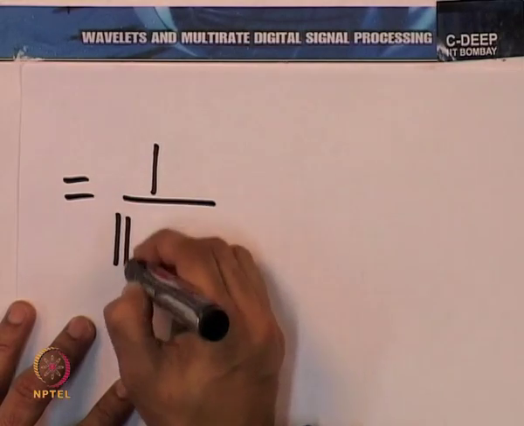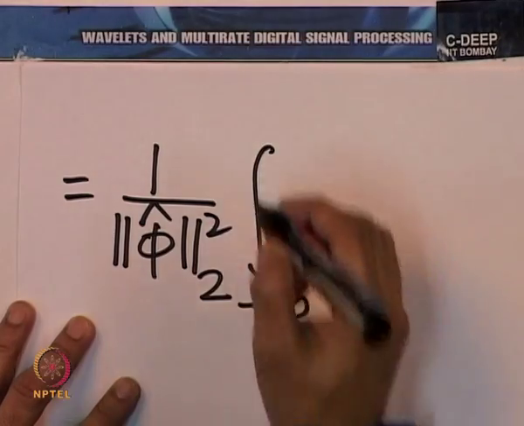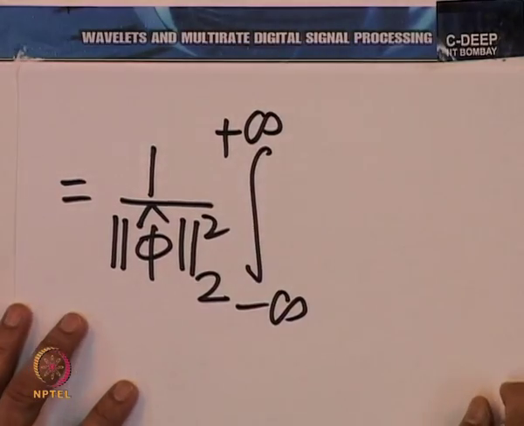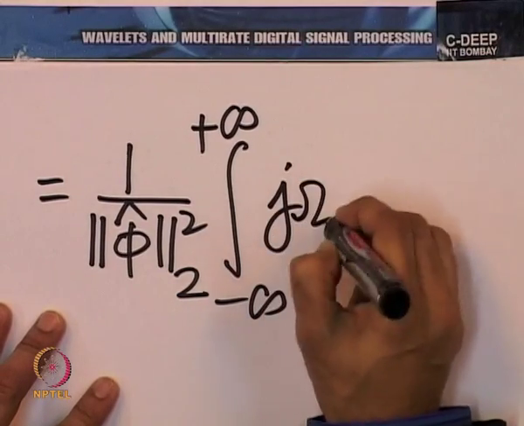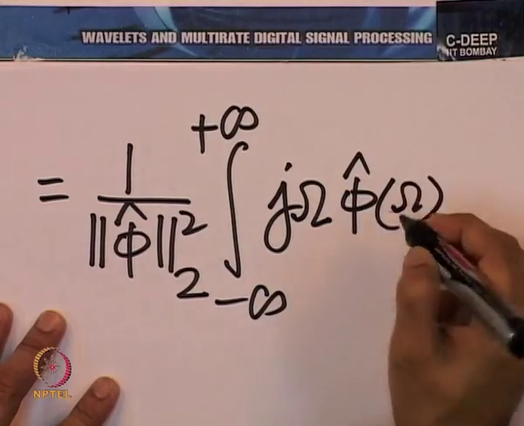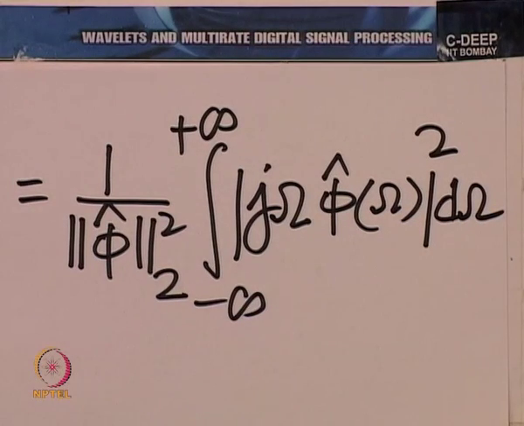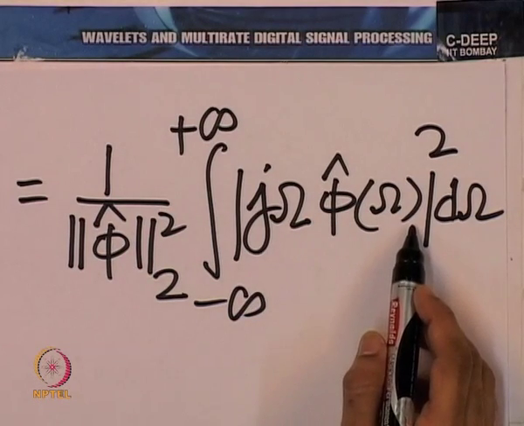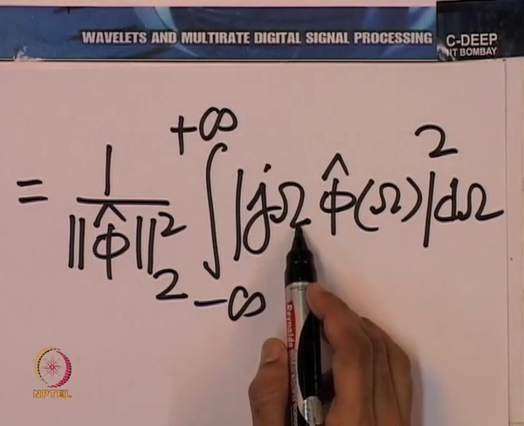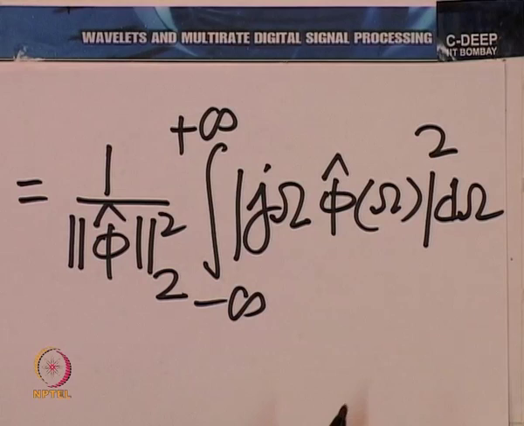as 1 by norm of phi cap squared times the integral, and I will also do a little bit of rearrangement in the integral. I will write the integral as mod of j omega phi cap omega, the whole squared, d omega. Notice that if I take the modulus of j omega phi cap omega, it is essentially modulus omega squared times modulus phi cap omega squared, and modulus omega squared and omega squared are the same for omega real.